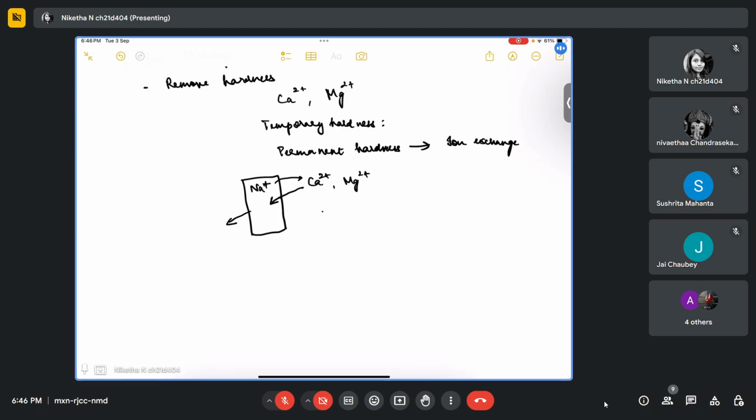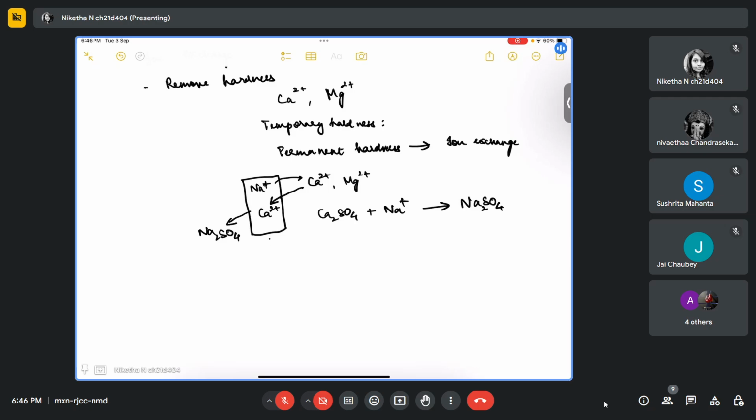If you have calcium sulfate, that will react with the resin, and we will get sodium sulfate instead. So the water will be free from the calcium ion, and this calcium ion will get deposited on the resin instead of sodium.